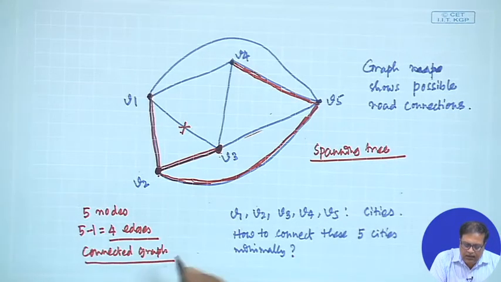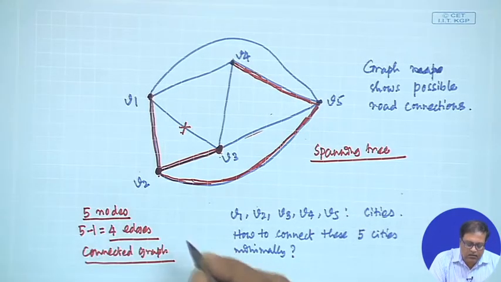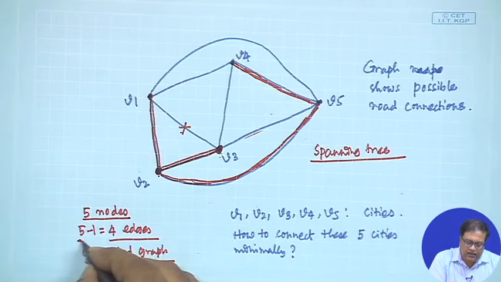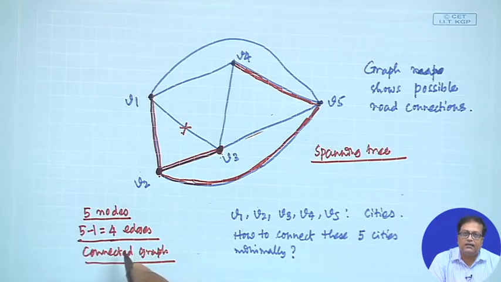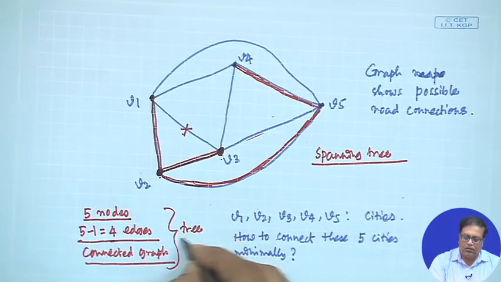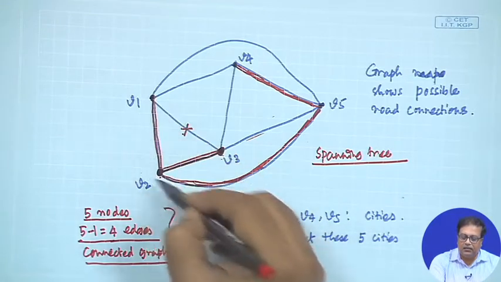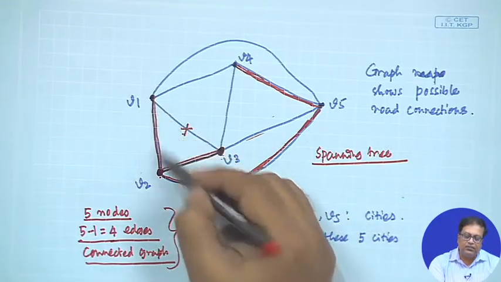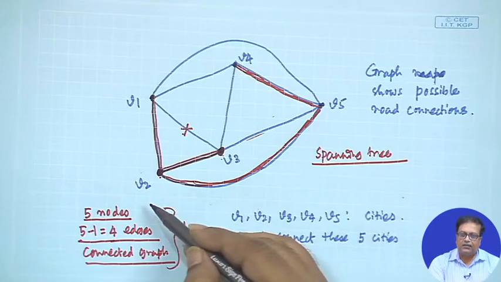So, a connected graph with n nodes or vertices and n minus 1 edges is a tree. So, it is a tree, and it is a spanning tree because it spans all the vertices.